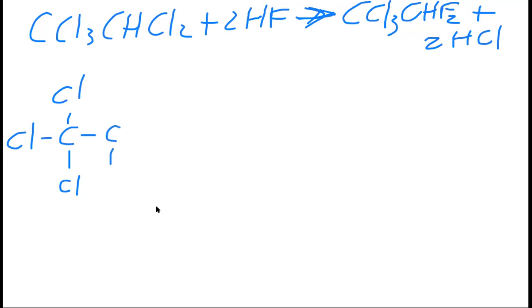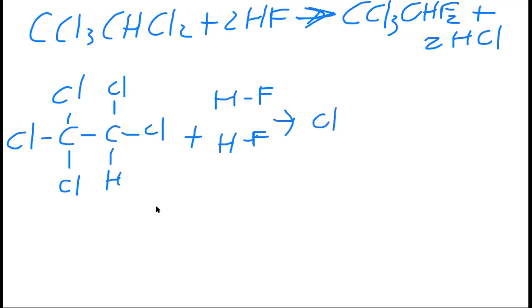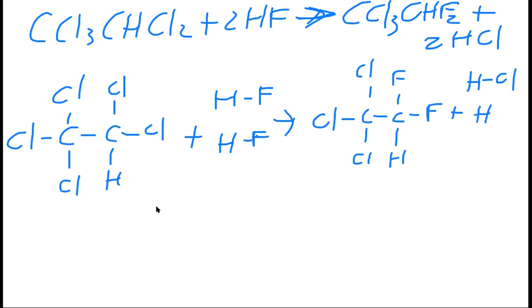Cl like that, and you got C, H, Cl, Cl plus HF, HF yields Cl dash C. Okay, that's as good as that gets. So 2 copies of HCl.